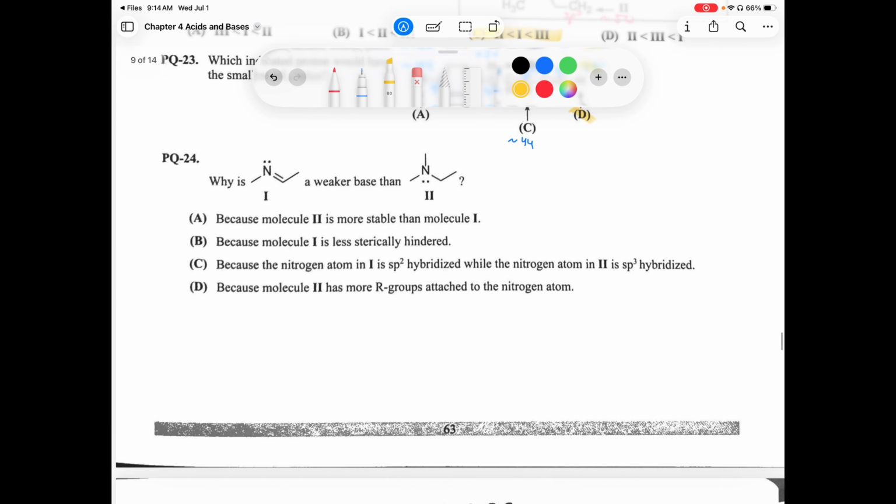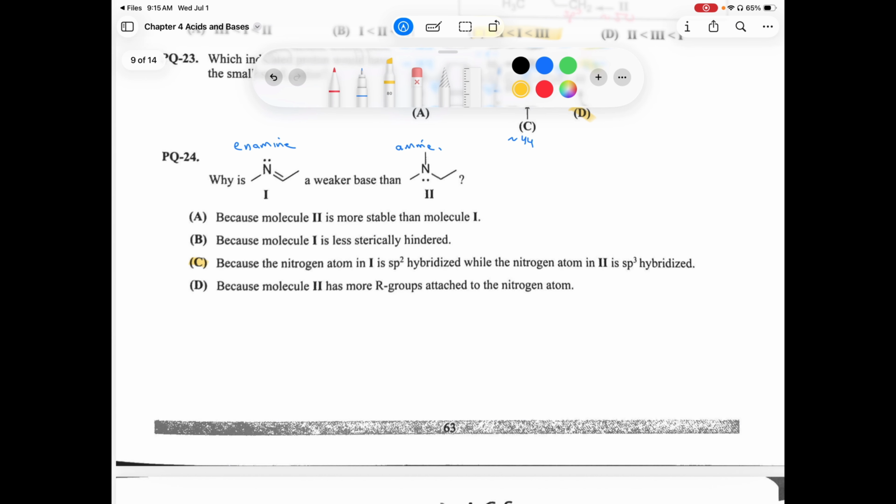Number 24, it says, why is this first one, which is an enamine, a weaker base than number two, which is just a flat out amine, like this? It says because the nitrogen atom in one is sp2 hybridized, while the nitrogen atom in two is sp3 hybridized.